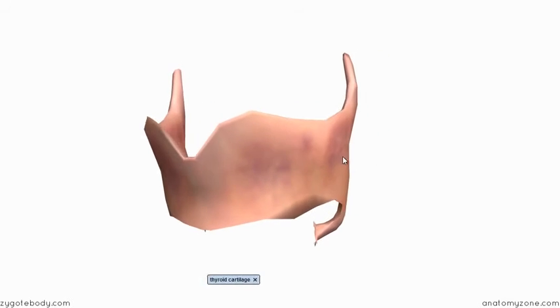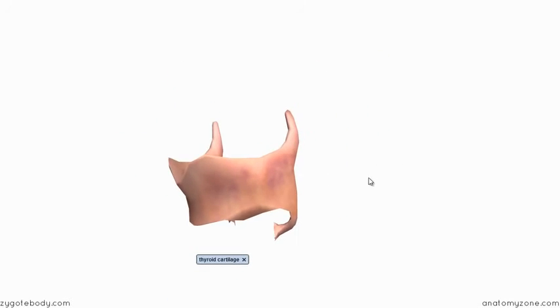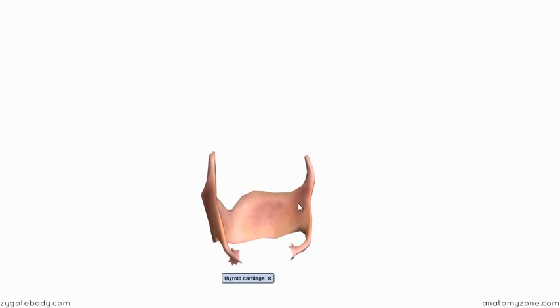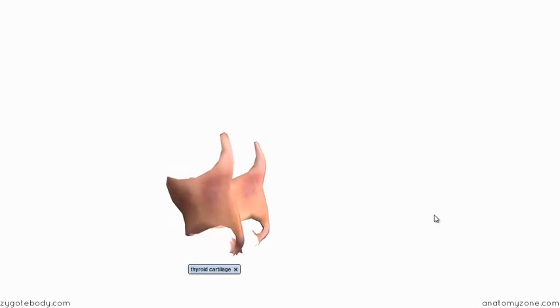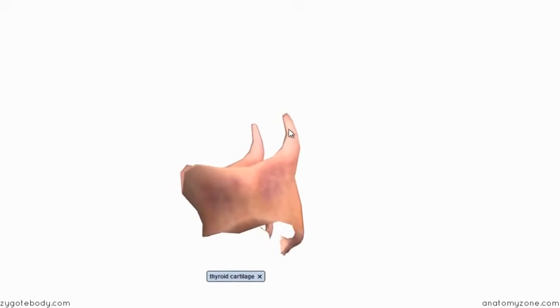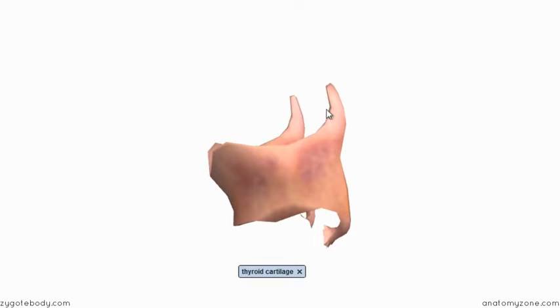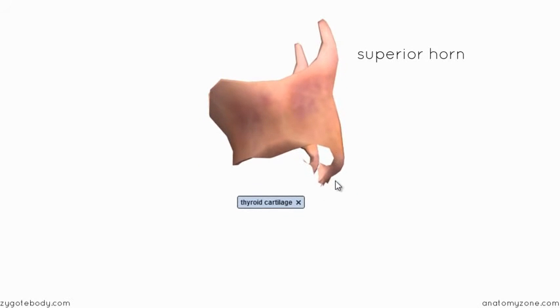If we follow the thyroid cartilage round to the back, you can see that it doesn't form a complete ring, it's open posteriorly. At the top you've got this bit which sticks up superiorly, and this is called the superior horn, and you've got one on either side. And then at the bottom you've got the inferior horn.